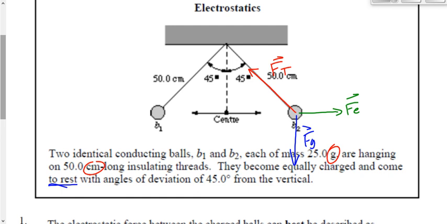The force of gravity is mass times 9.81, so 0.025 kilograms times 9.81, and when I multiply those two together, I end up getting 0.24525 newtons.